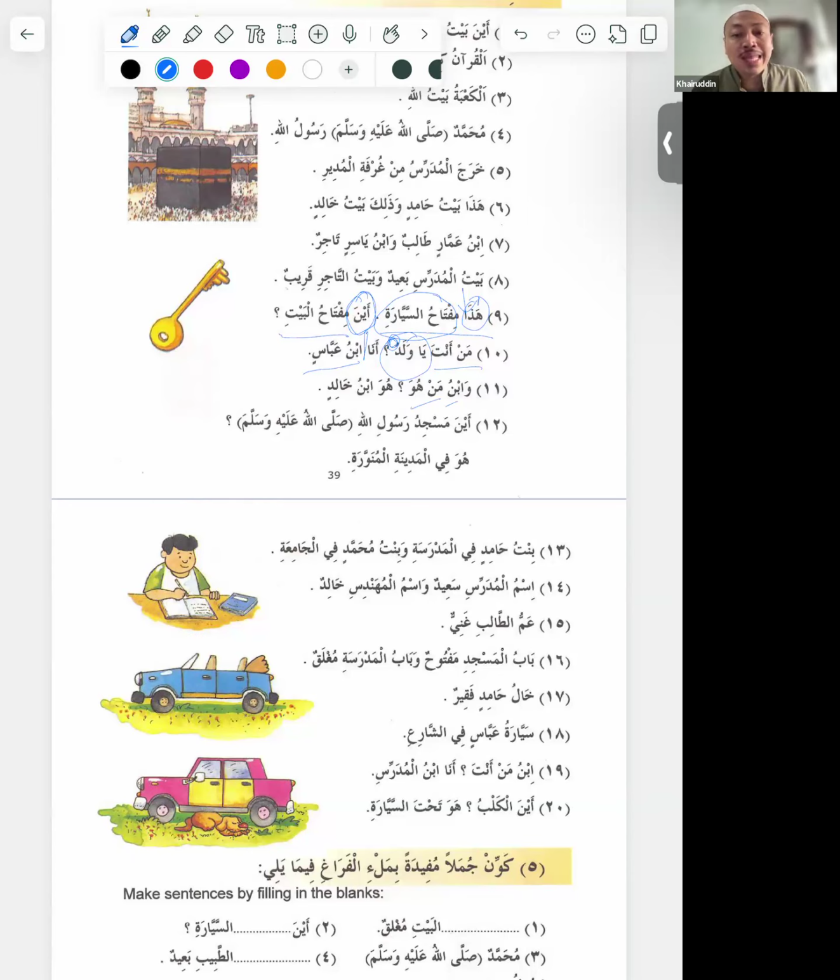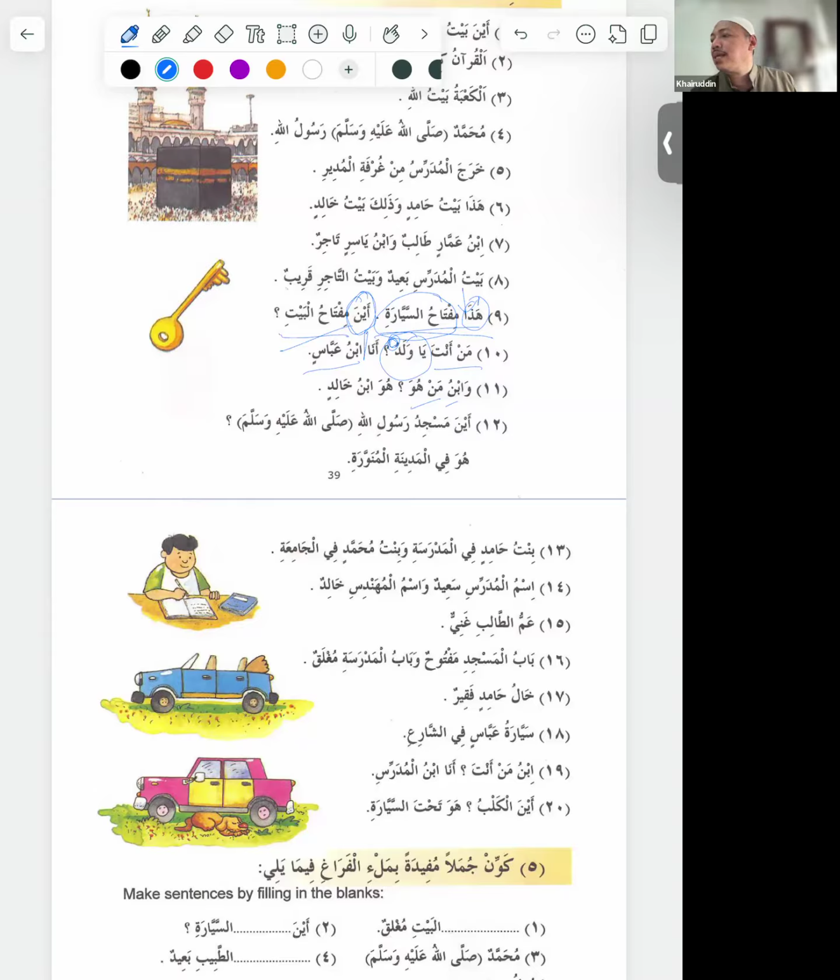So here the author is trying to draw your attention, because we've seen many mudaf ilay that come in very straightforward forms, like miftahus sayarati, miftahul baiti. You just get the mudaf and then the mudaf ilay. Both are proper nouns, like Ibnu Abbasin, the son of Abbas. Abbas is a name of a person. So it's quite straightforward.